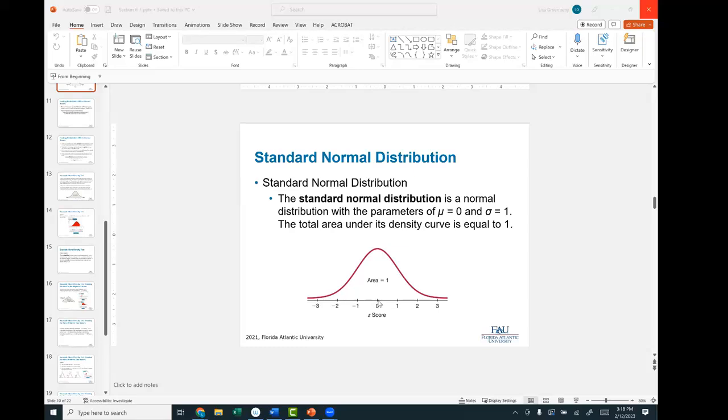Sigma, which is the standard deviation, mu meaning the mean, so the standard deviation is 1. So this is 1 standard deviation, 2 standard deviations, okay? And the total area under the curve is 1. So this goes right along with our probability. And we do use this for probability.